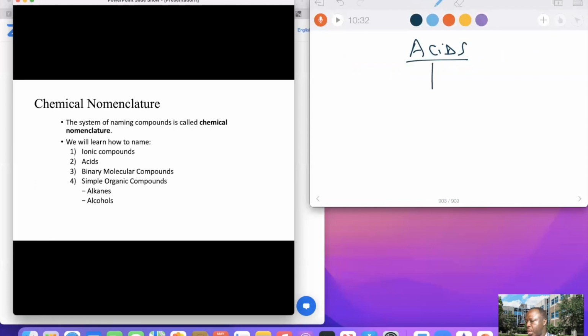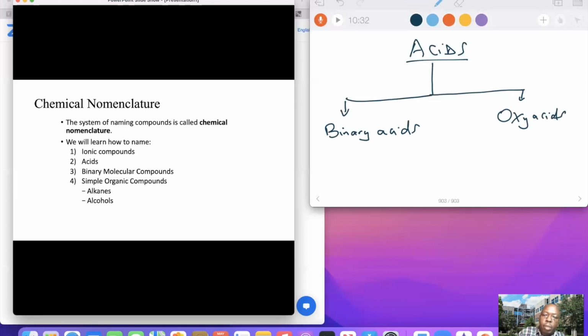There are two types of acids. We have what we call binary acids, and then there are oxyacids.